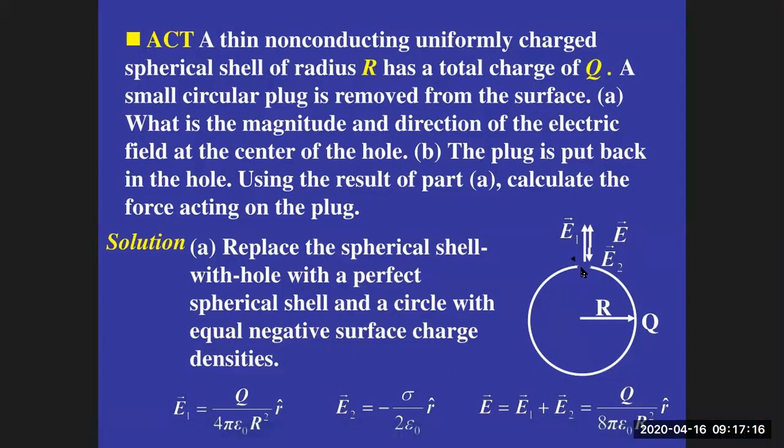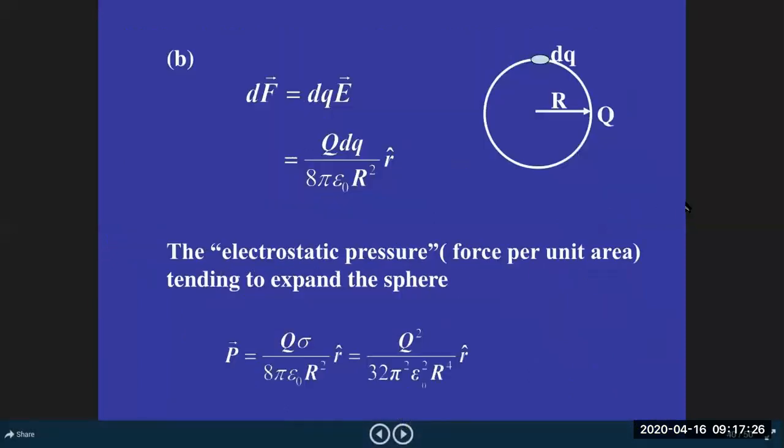So electric force is equal to electric field times the charge on that circular disk. And so we have here dF equal to dq times E. E is the electric field at this hole due to the whole sphere, and dq is the small amount of charge on this circular disk that was removed.